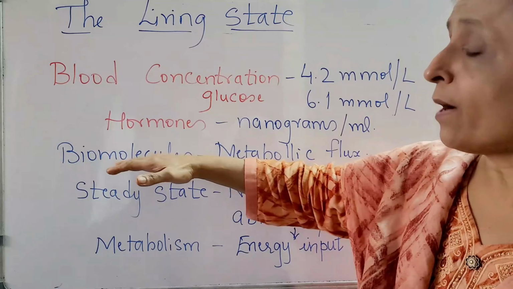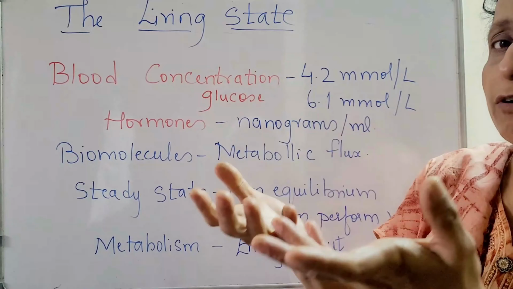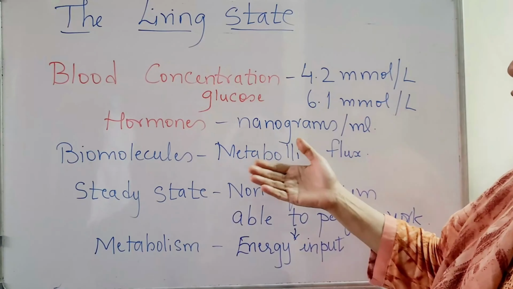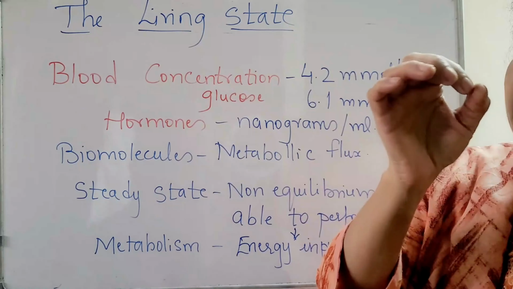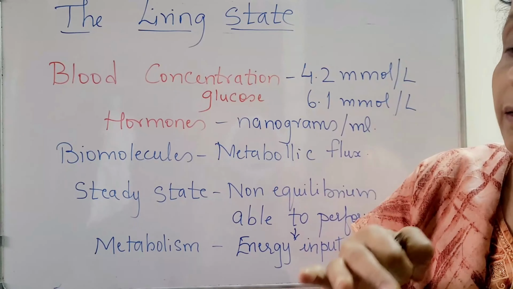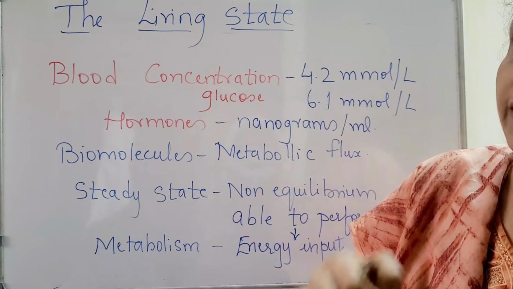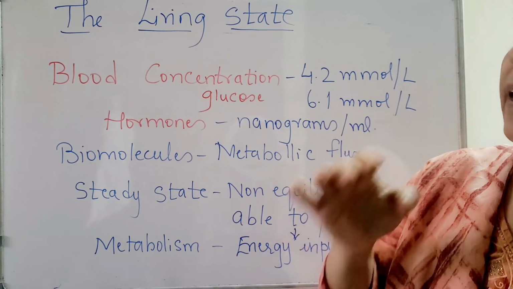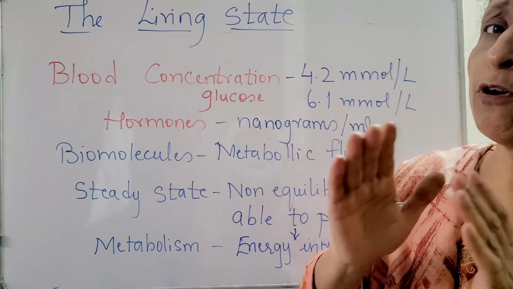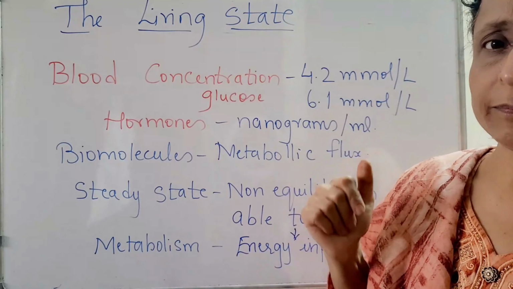Now the biomolecules which are formed due to metabolism, that definite number, the number of biomolecules in a cell, is known as metabolic flux. So a steady state has to be maintained in the cell for the metabolic path to follow smoothly.